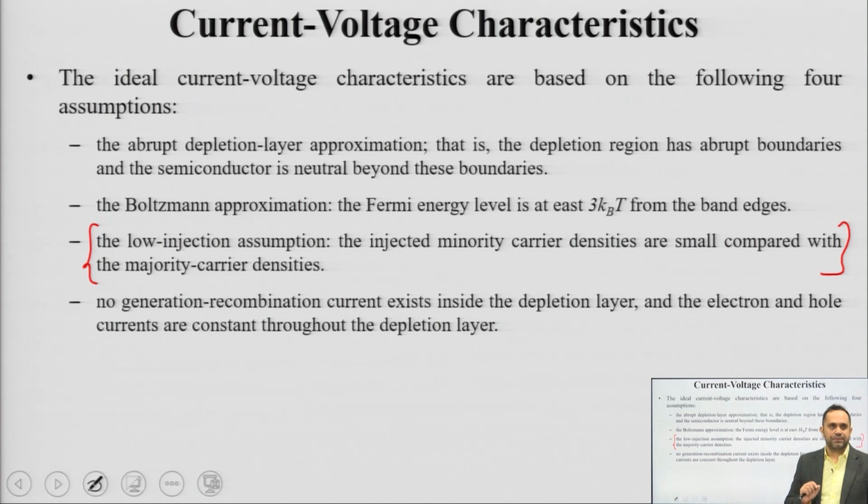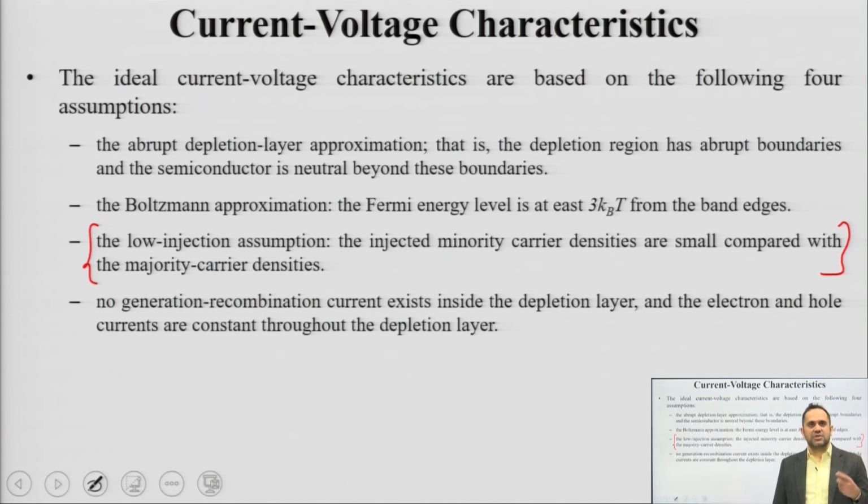expression for IV. Okay. Next we say that inside the depletion region there is no generation or recombination. Okay. The electron and hole currents are constant throughout the depletion region. There are some special purpose diodes where some energy is made available inside the depletion region, and because of that some charge carriers may be extra produced, maybe some extra generation or recombination, but our objective is to obtain the IV equation of a p-n junction.